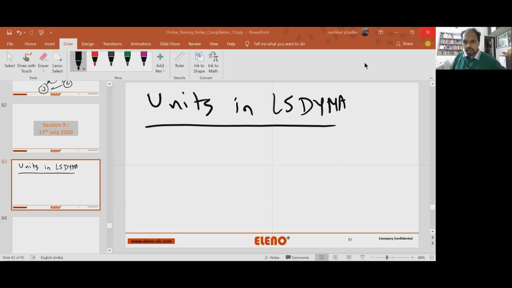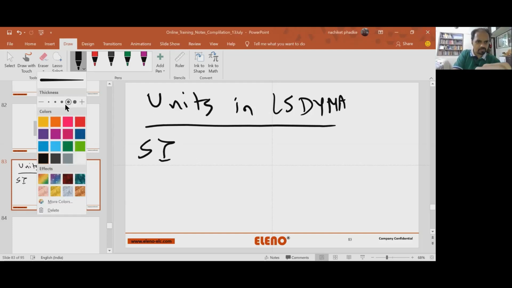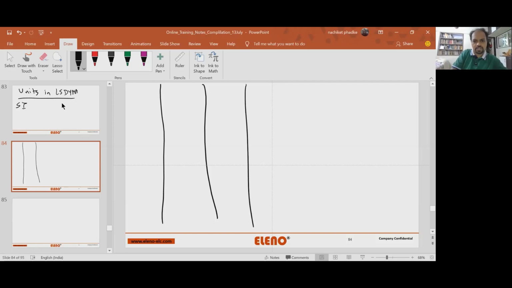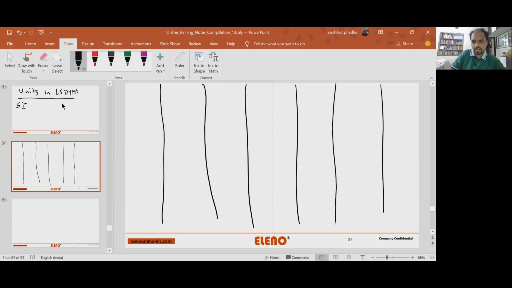So let's go ahead and talk about what are the units which we are going to use in LS-DYNA. Let's first figure out SI units. Length, mass, time. Then we have force, stress, and density.